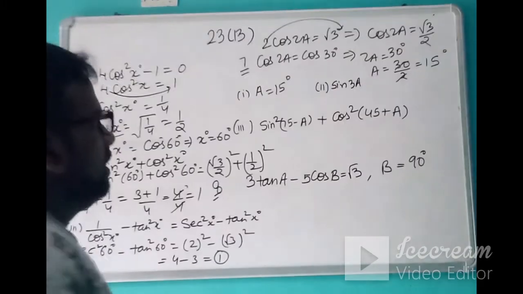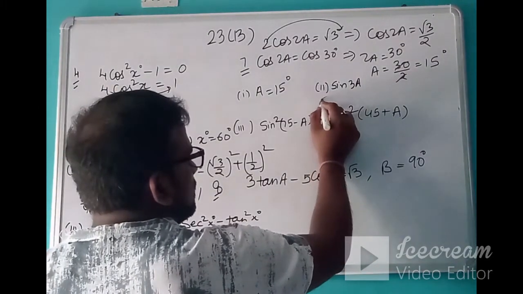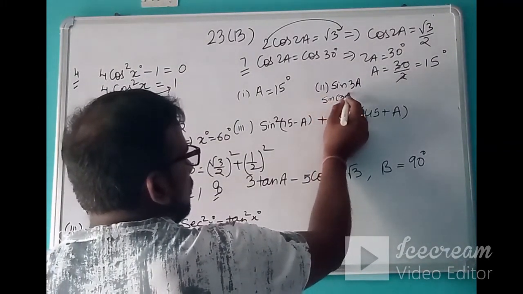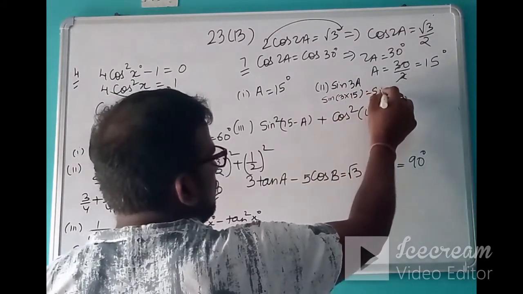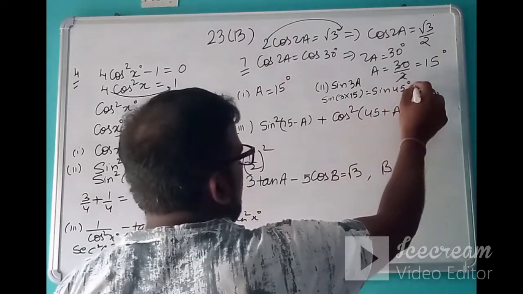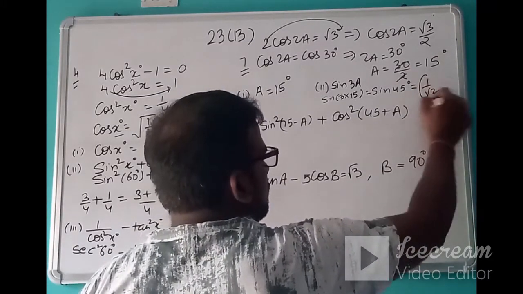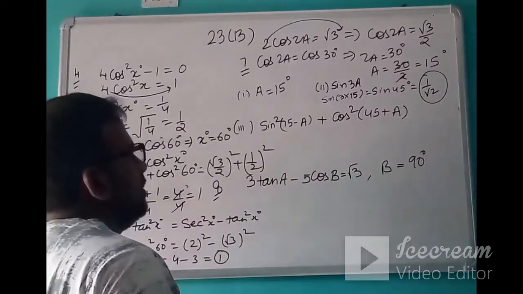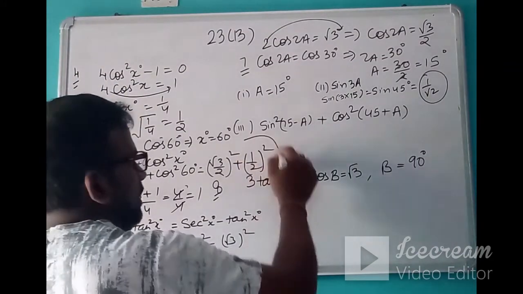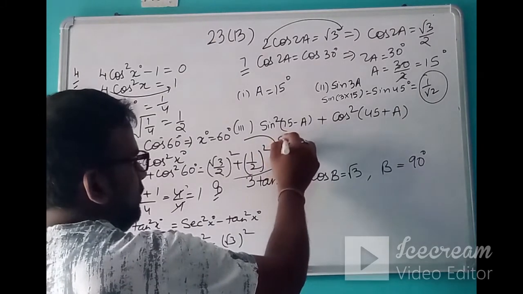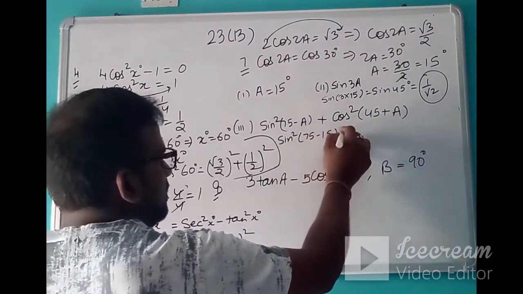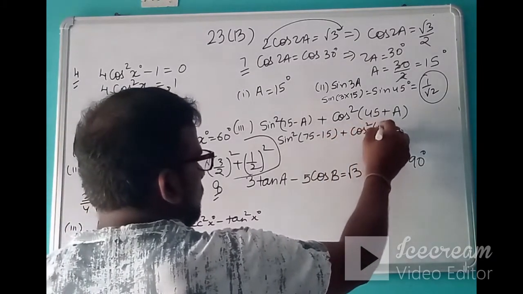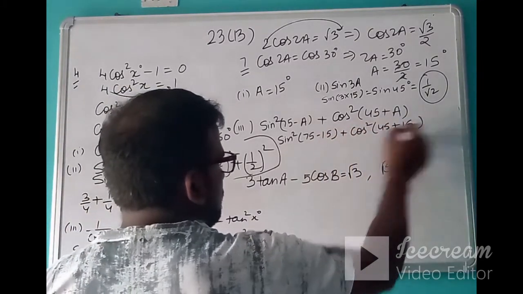Okay. Now what is sine 3a? Sine, what was a? A is our 15. So that is sine 45 degree. And you should know the value of sine 45. That is 1 by root 2. Next, we have to find the value of this part. So again we will put the values: sine square 75 minus 15 and cos square 45 plus 15.